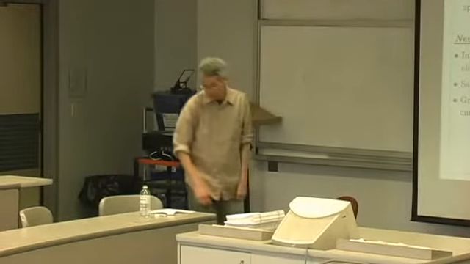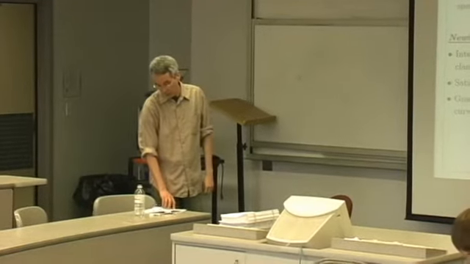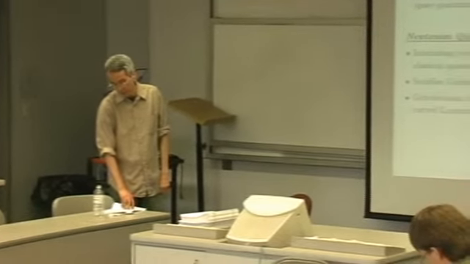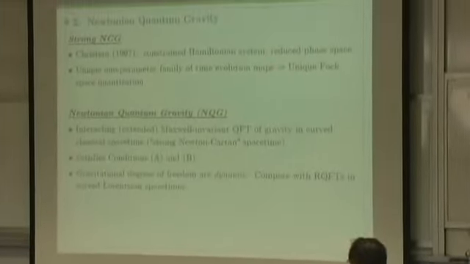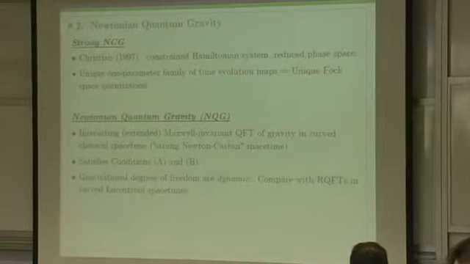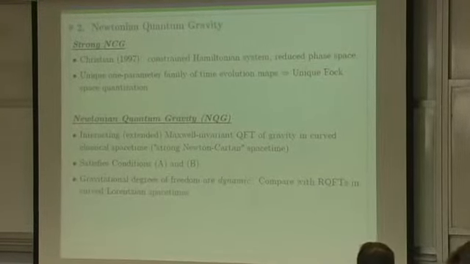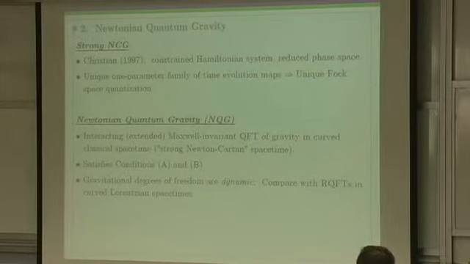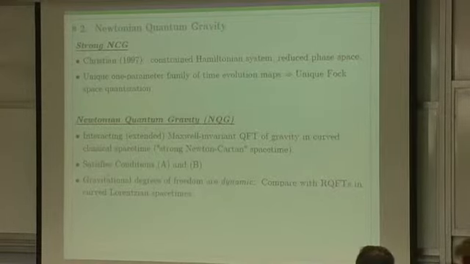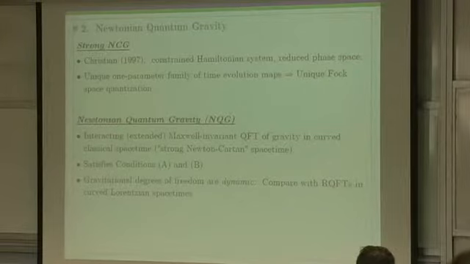So, its gravitational degrees of freedom are dynamic, and this distinguishes it from the program of constructing relativistic quantum field theories in curved Lorentzian spacetimes. This program attempts to construct relativistic quantum field theories that incorporate gravity by treating gravity classically as a manifestation of spacetime curvature. And this is done by breaking the dynamical link between spacetime and matter given in general relativity.